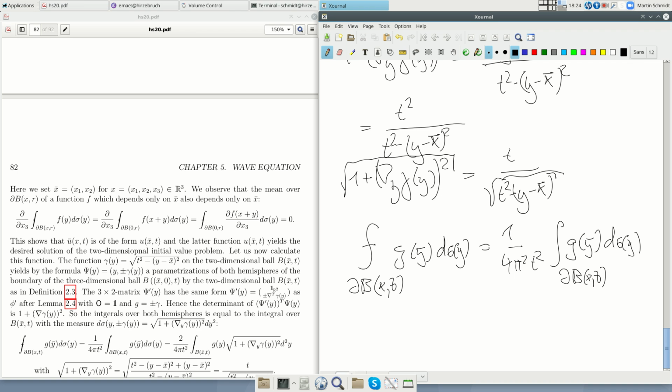And then, what do we get? Now we get twice, because we need the upper and lower hemisphere, so we get 2 times 4 pi squared t squared, and then the integral over this two-dimensional whole ball, not the boundary, times g of y.